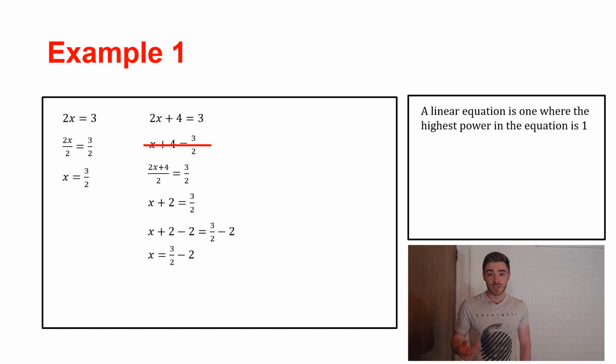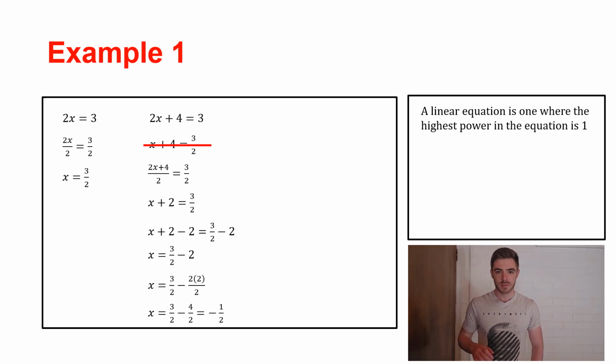As a reminder, when it comes to adding or subtracting whole numbers from fractions, we need to make sure that whole number is rewritten as a fraction with the same denominator, which in this case means multiplying and dividing the top and bottom by 2. So, if you struggle with algebra, instead of just moving terms around, think about what's actually happening. You're applying an operation to both sides of an equation, which means you can't just pick and choose what terms you want to use, you have to use everything.